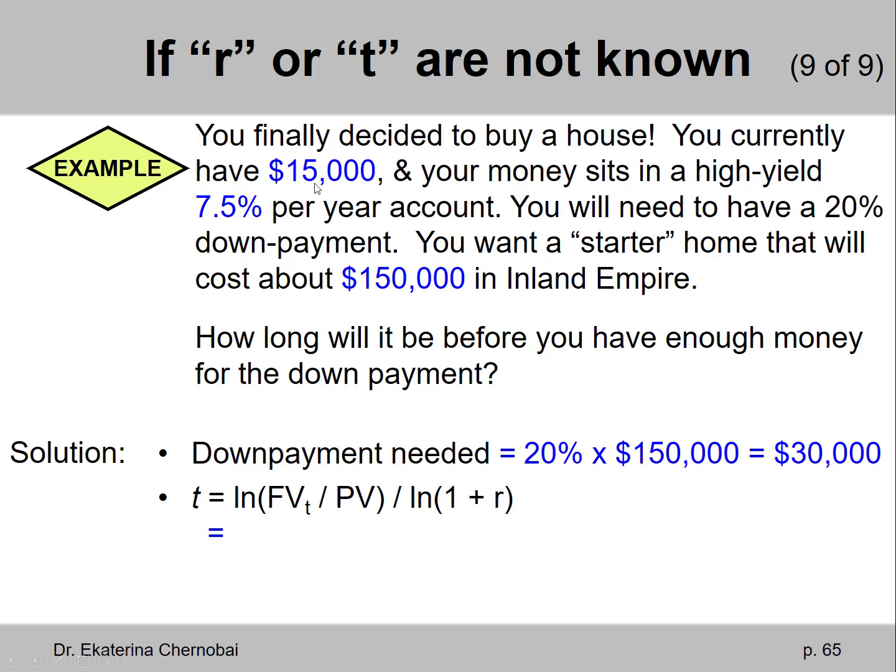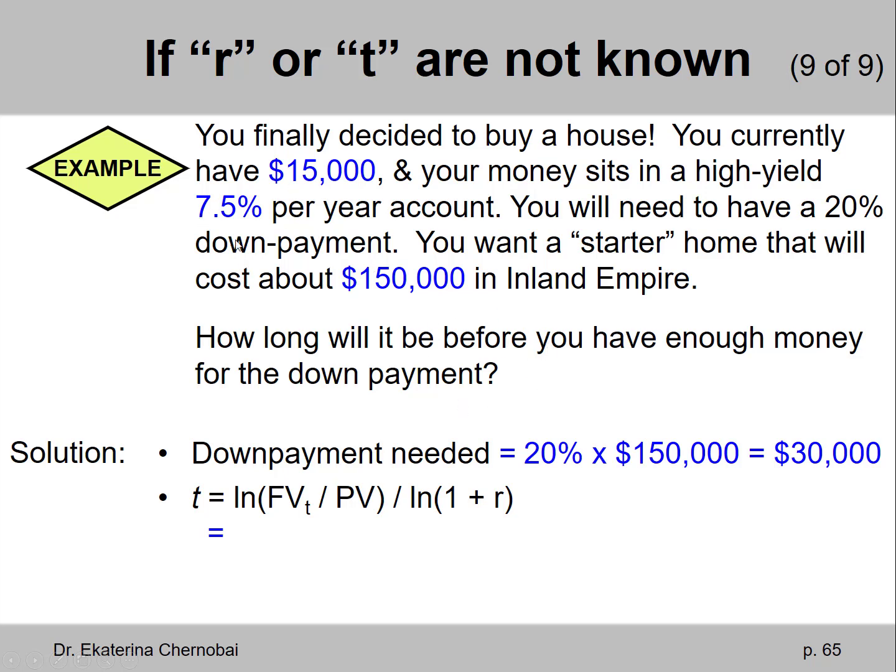Today, you have $15,000 in your account. So you want the money in your account to grow from today's $15,000 to $30,000 at some point in the future. How soon will that be? That's the question.